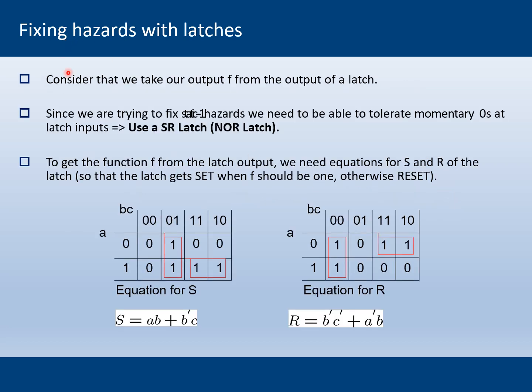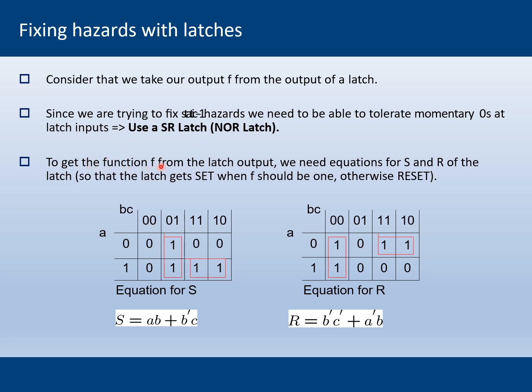Now consider that we take our output F from the output of a latch. Since we are trying to fix static 1 hazards, we need to be able to tolerate momentary zeros at latch inputs. So use an SR latch, a NOR latch or an AND latch.